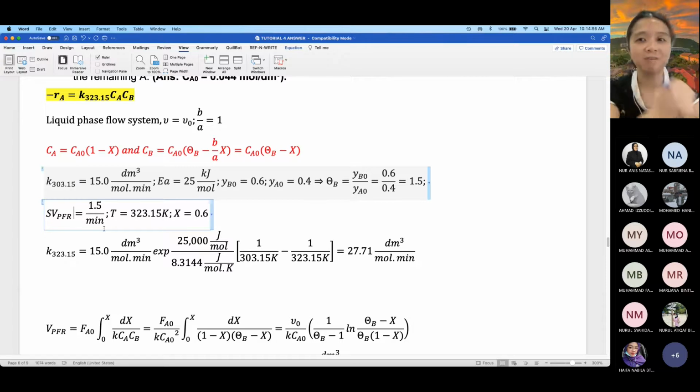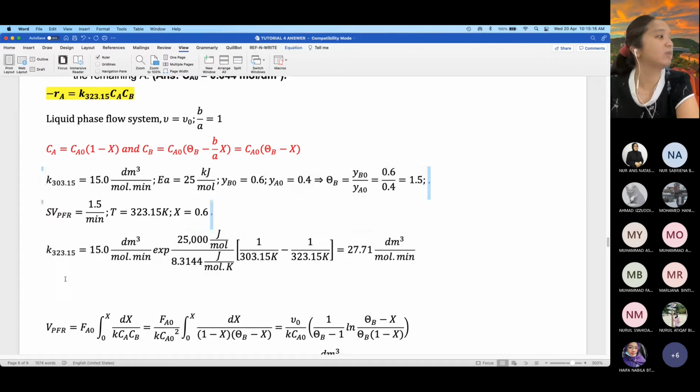Tapi saya tak pernah ajar kamu design equation yang ada space velocity, which is correct. I never teach you any design equation yang melibatkan space velocity. Tetapi if you remember, I did taught you design equation yang ada space time. Do you remember?